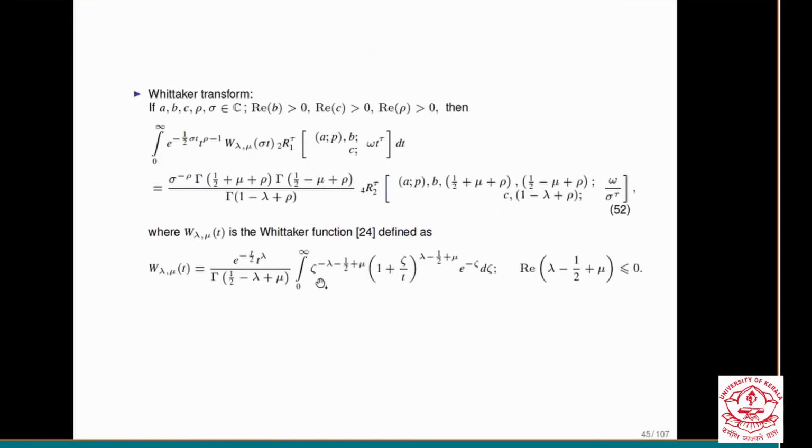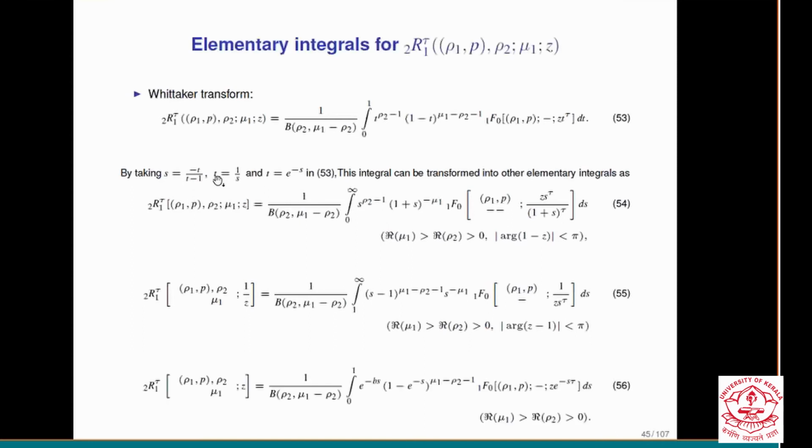The Whittaker transform means we use the Whittaker function as a kernel, which is just like a weight function. This is the process, and it gives the result in this form. Clear? So this is the Whittaker transform.